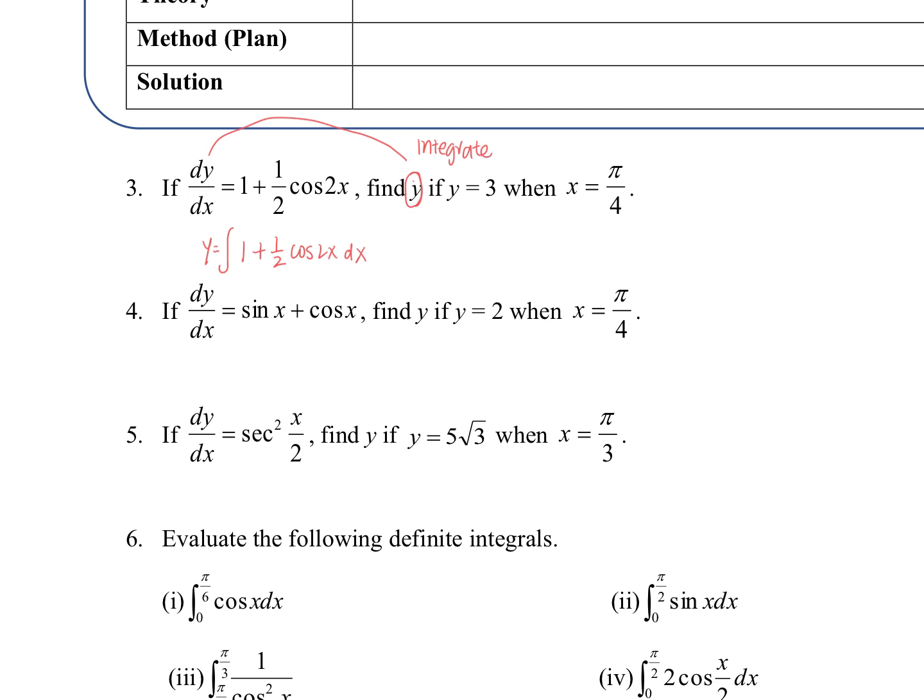Okay? So integrate 1 is x. If I want to integrate cosine, I get what? Minus sine. No. Why? You go back and think. Differentiate sine, get cosine. You differentiate cosine, get minus sine. If you forget, always write this at the side.